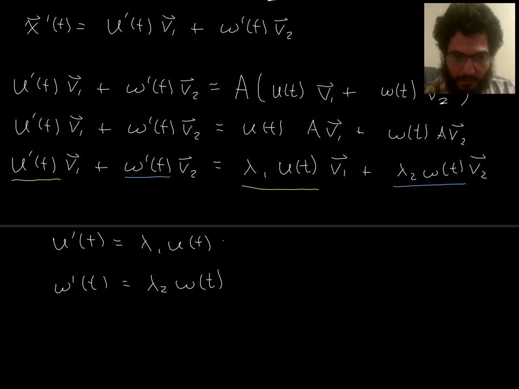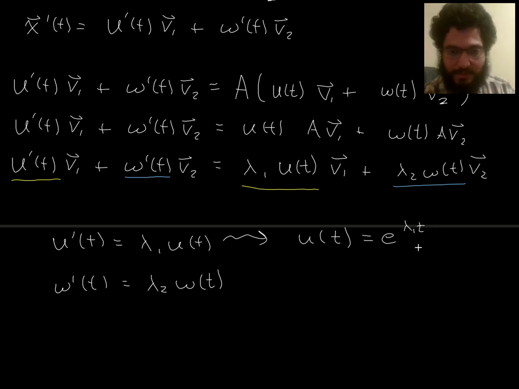So here, you know how to solve this one, right? You don't need to do anything fancy with matrices. The solution is just u of t equals e to the lambda 1 t. That's one solution, and the general solution is any scalar multiple of this.